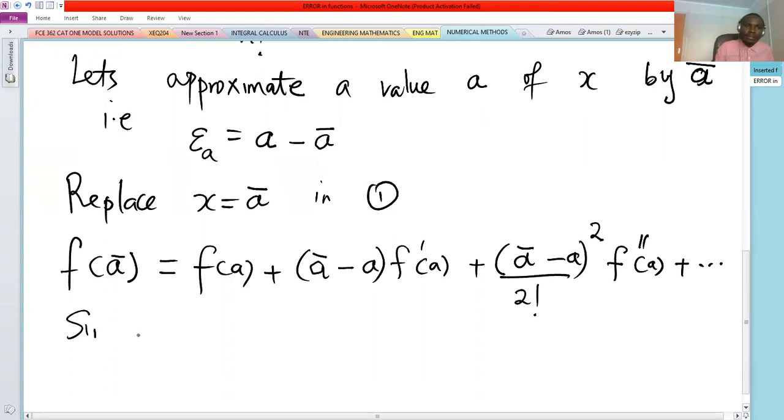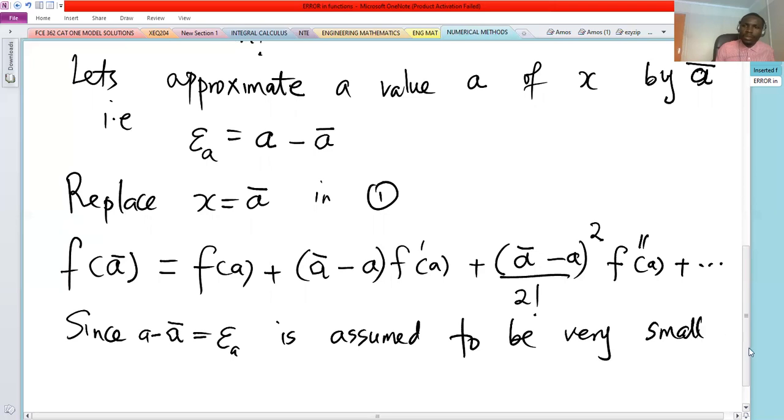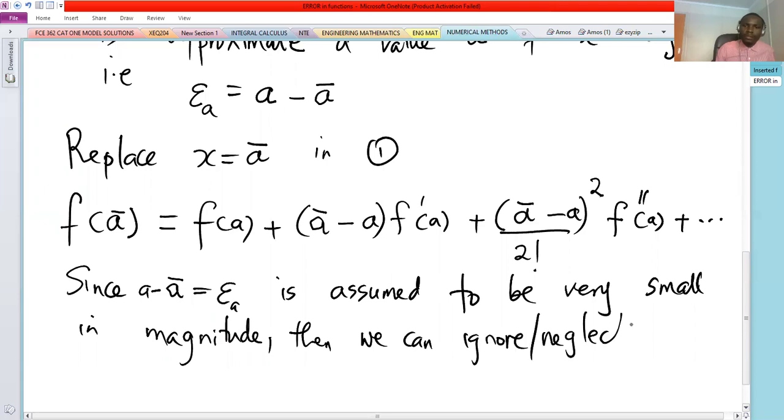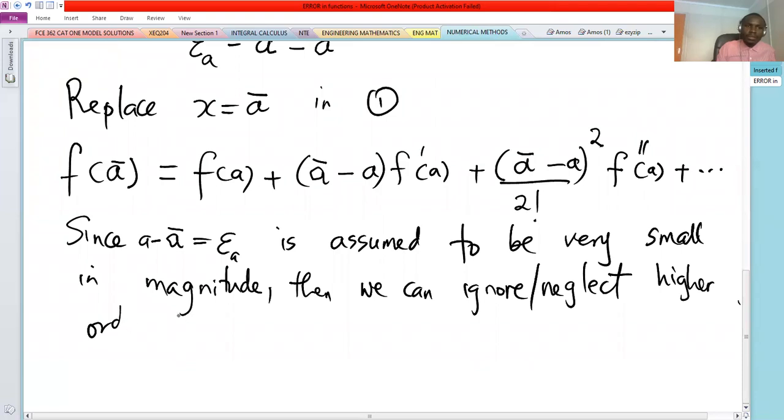Now, since a minus a bar, which equals the error in a, is assumed to be a very small value in magnitude, we can neglect the higher order terms in this difference of error in a.